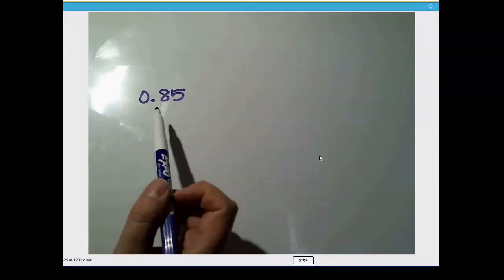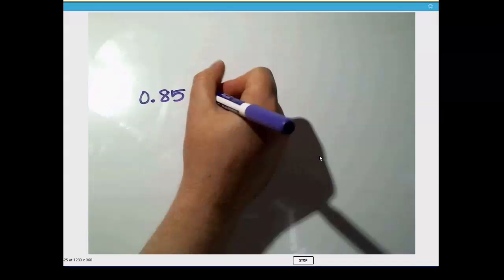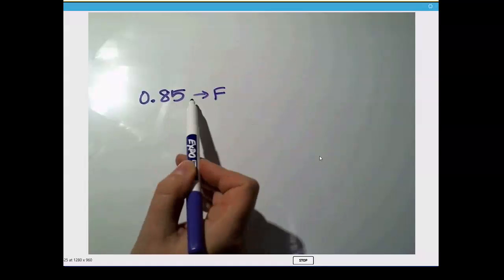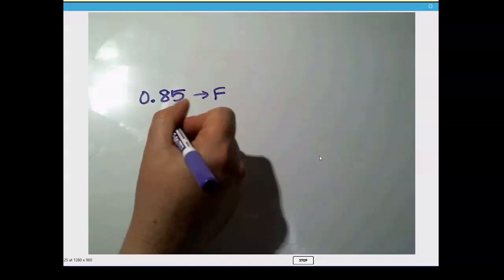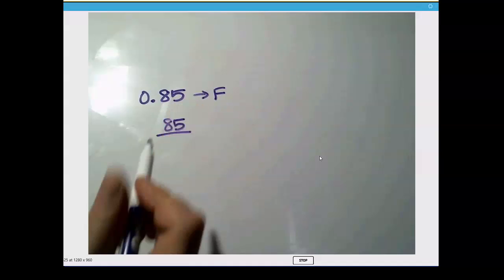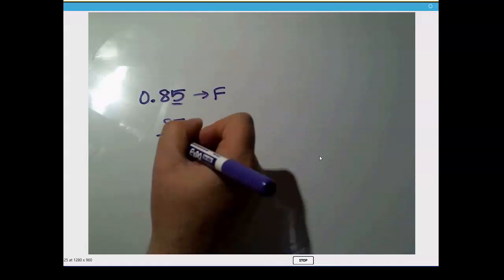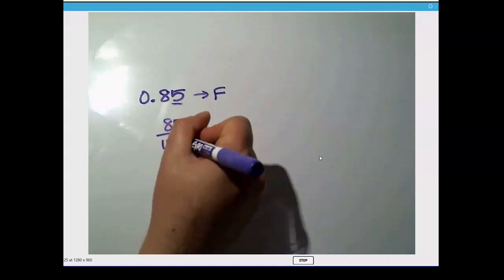Okay, that looks better. All right, so I'm starting with 0.85 to go to fraction form. Digits to the right of your decimal go in your numerator, and the place value of your last digit, which is the hundredths place, determines your denominator.